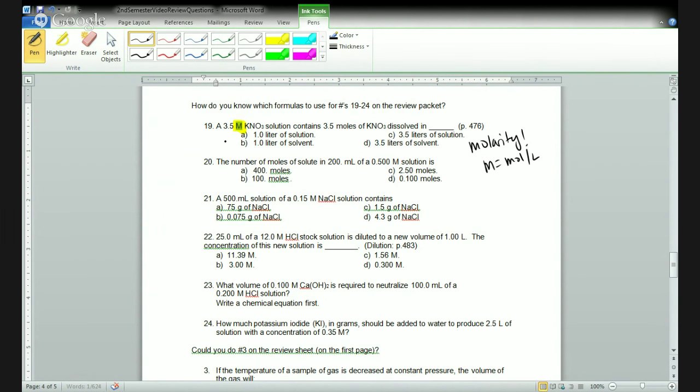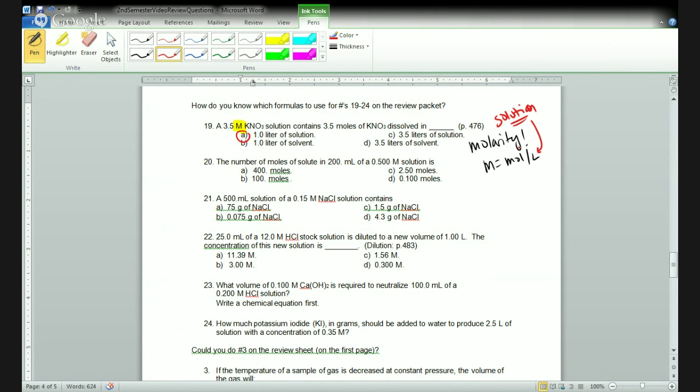If I read this problem, it says a 3.5 molar KNO3 solution contains 3.5 moles of KNO3 dissolved in what? Because it tells me it's 3.5 molar, that means I've got 3.5 moles for every 1 liter of solution. And it's really, really important that you know molarity is liters of solution, not solvent. So this tells you how many liters of total solution you have.